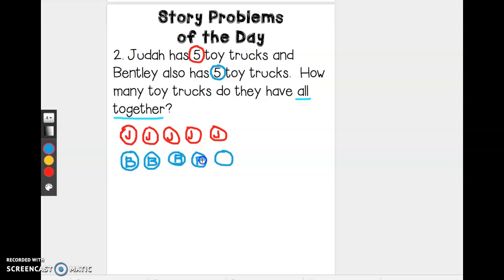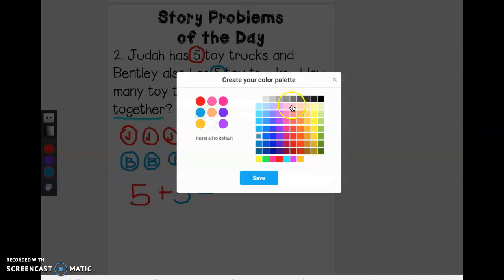So am I making more or less? Am I joining or am I separating? So we know that Judah had 5 plus, because we're joining, Bentley had 5. So then how many did they have all together?